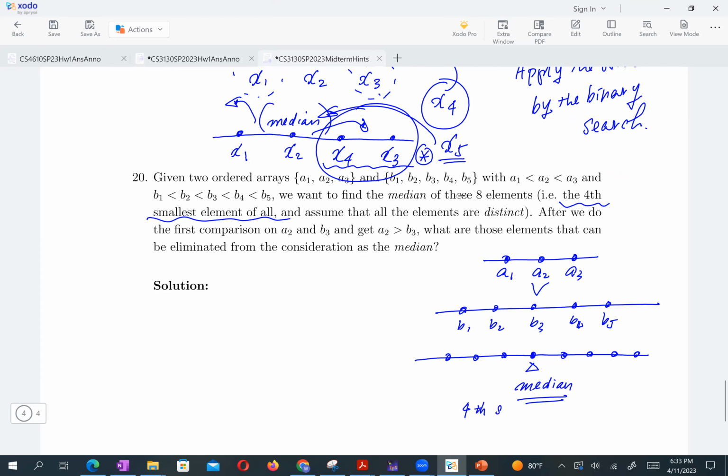Fourth smallest means greater than 3 elements.